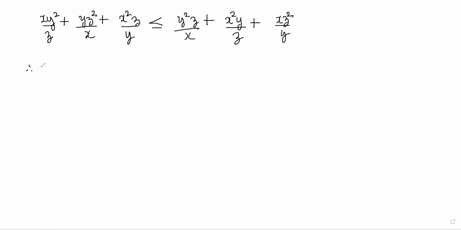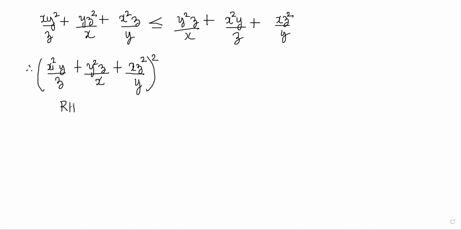So therefore, I can say that the square of this x square y by z plus y square z by x plus x z square by y, whole square. Notice that this is the square of the RHS.